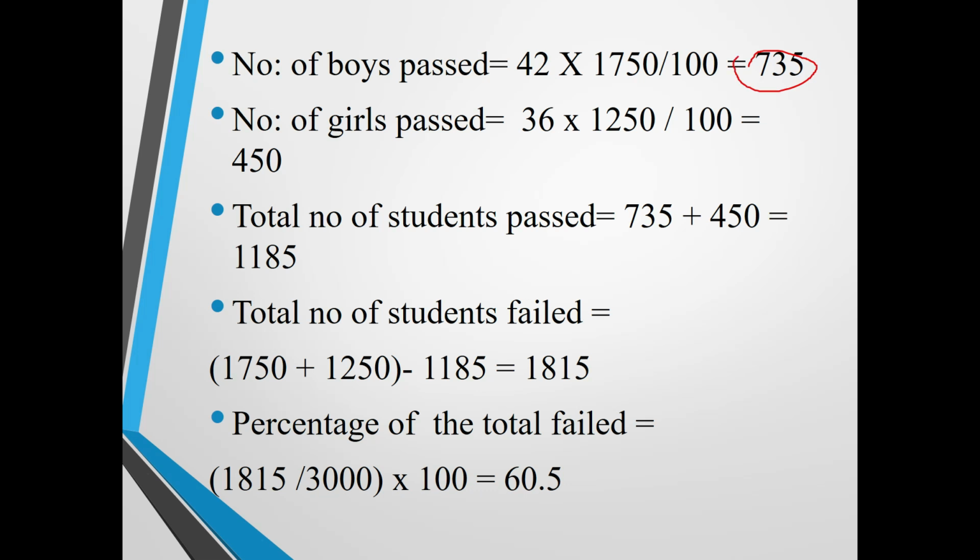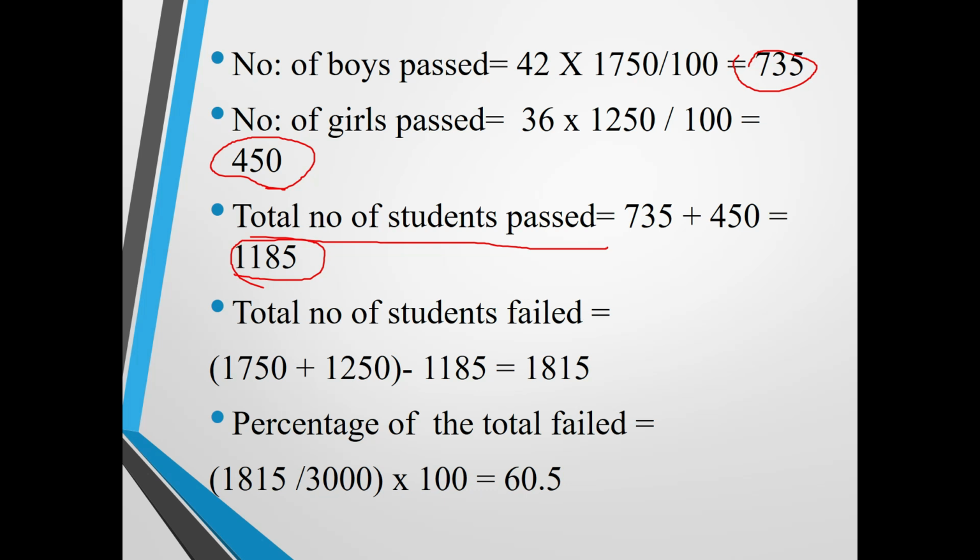So total number of boys who passed in the exam is 735, and in the same way number of girls who passed in the exam is 36 into 1250 by 100. We will get 450. So the total number of girls who passed in the exam is 450, and the total number of students passed is 735 plus 450. We will get the answer as 1185.